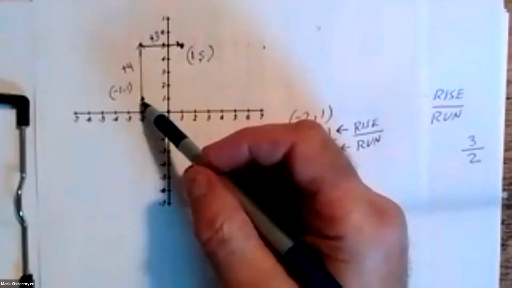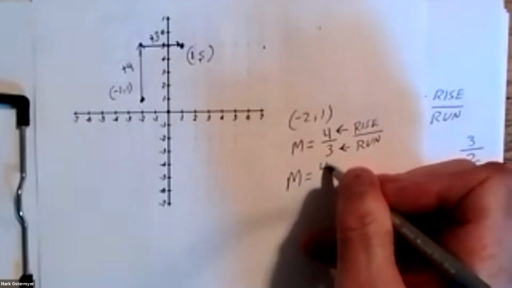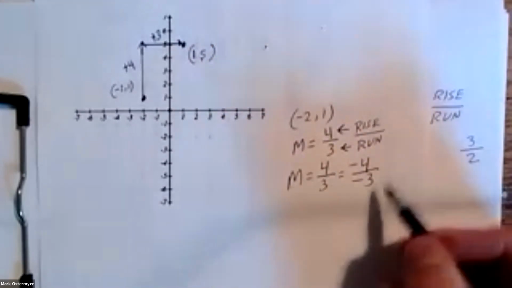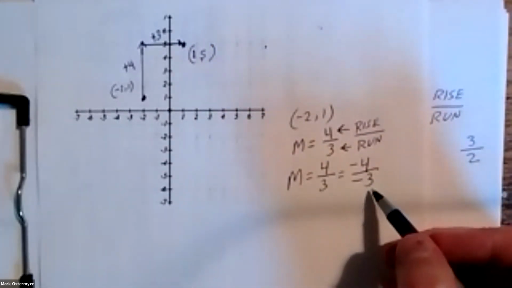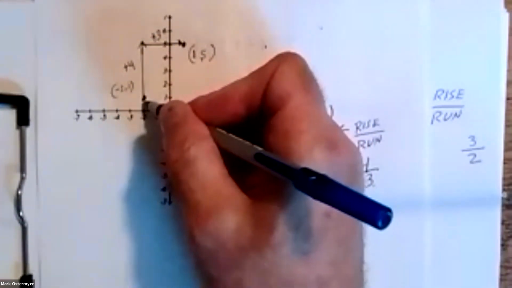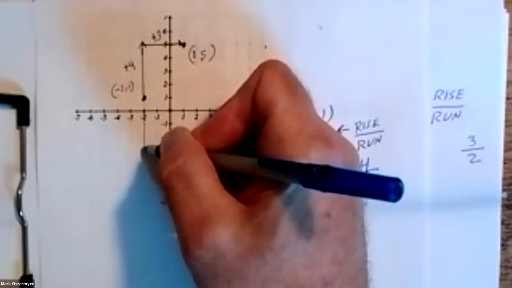I could have started at this point and I could have gone the other way, ladies and gentlemen. Instead of saying the slope is 4/3, I could have said the slope is -4/3. Still the same slope. I could have started at -2, 1 and gone down 4 units and to the left 3 units. Down 4: -1, -2, -3, -4.